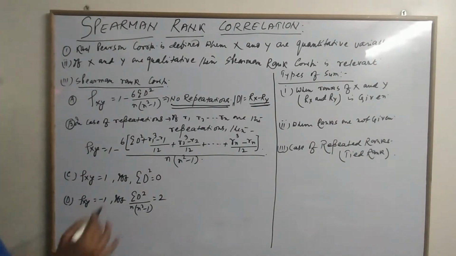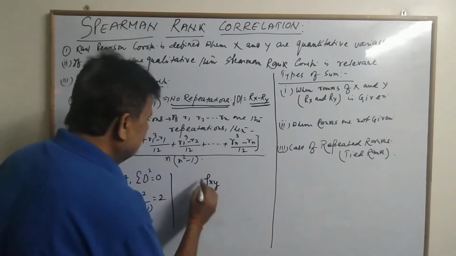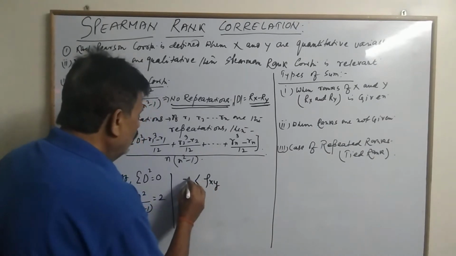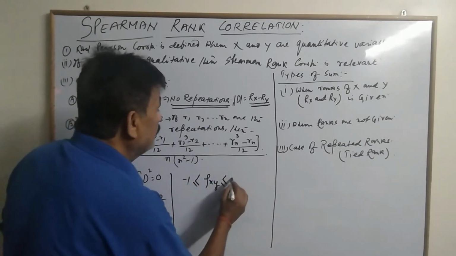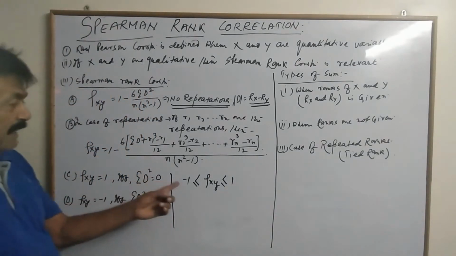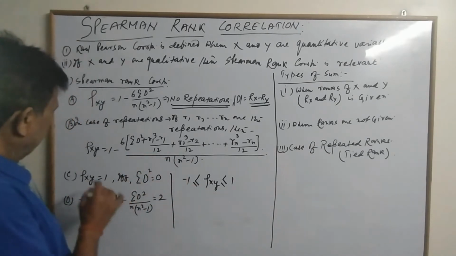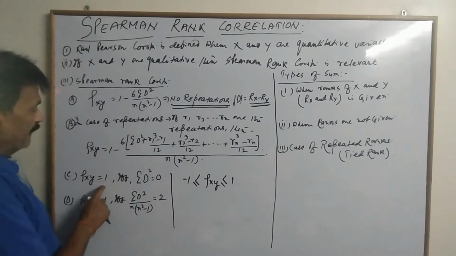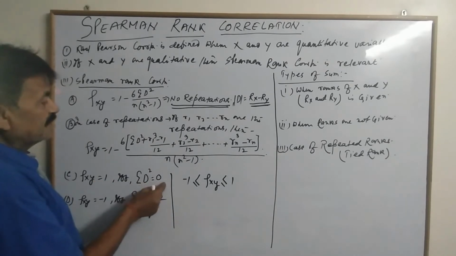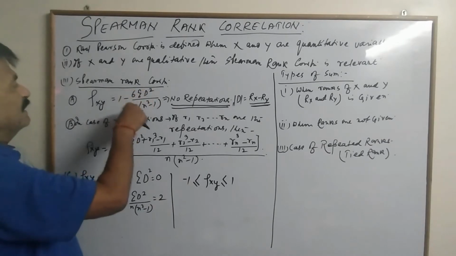Thirdly, like the Karl-Pearson correlation coefficient, this rho xy also lies between minus 1 and plus 1. The value rho xy is plus 1 if summation d square is 0, because then the entire term becomes 0.